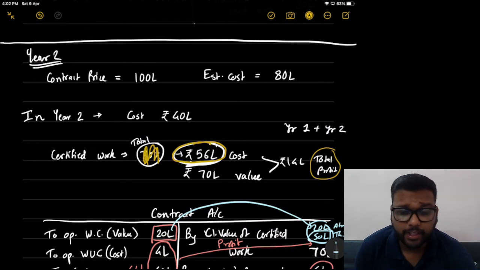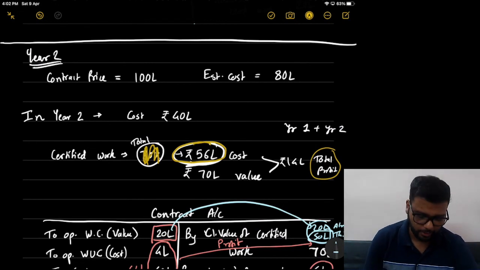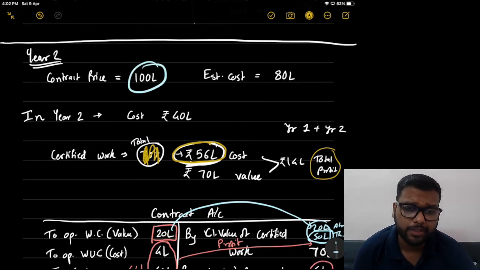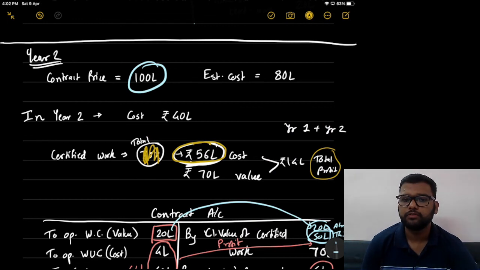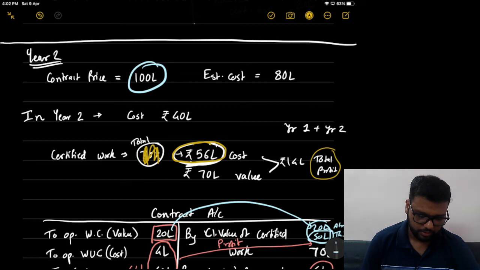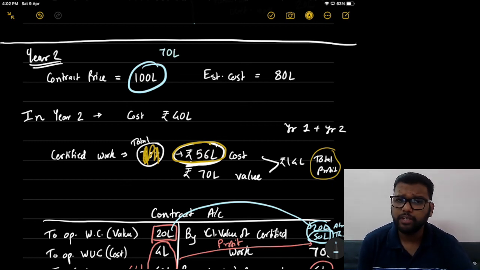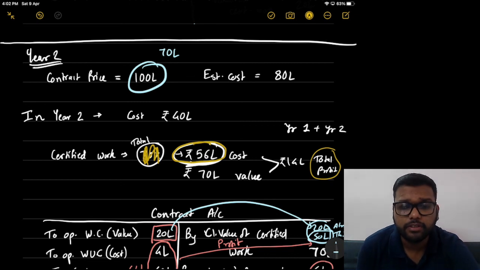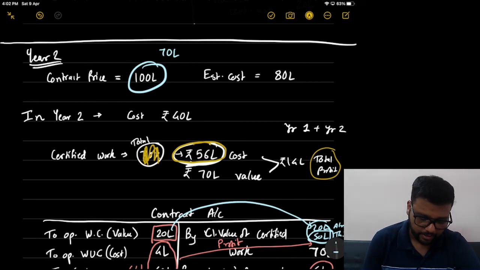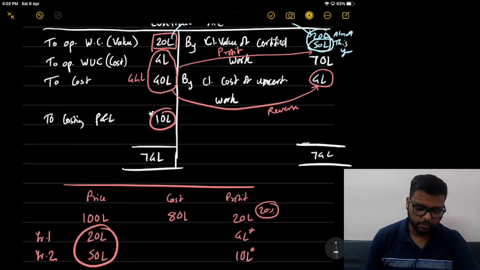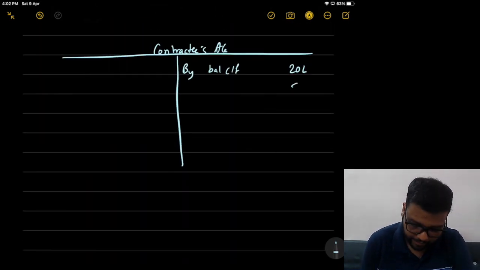How much has he certified up to now, in terms of contract price? 70 lakhs. Of that, something was already certified last year. How much? 20 lakhs. That means in this year he has certified 50 lakhs. So that is what we should add here, right? 50 lakhs now. Correct?